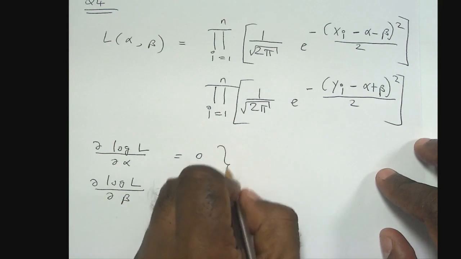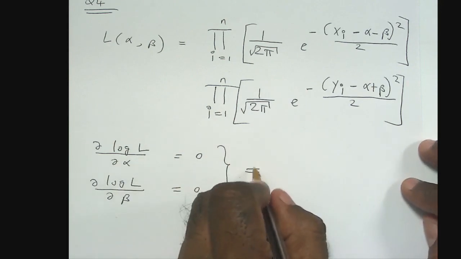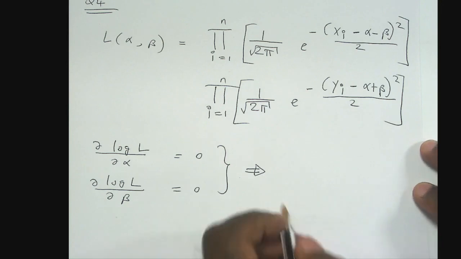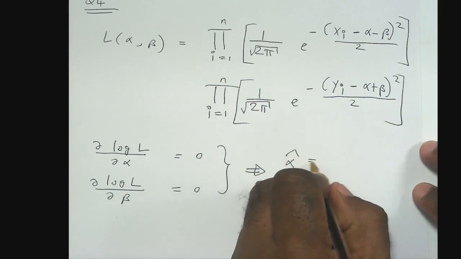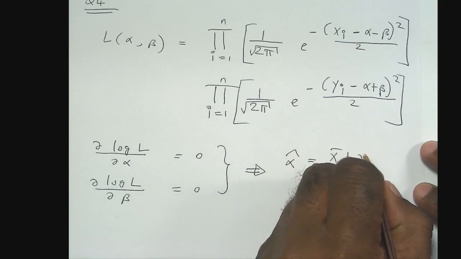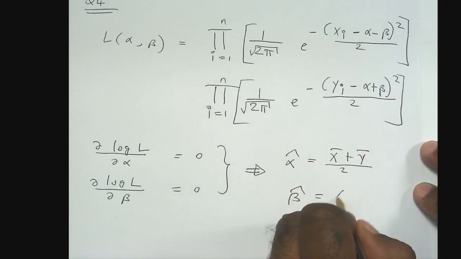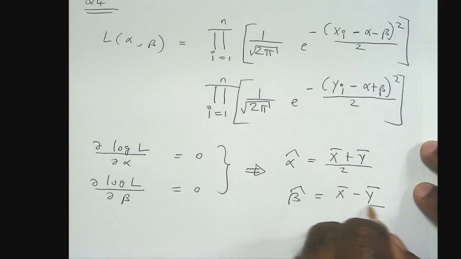If you solve these two equations, after a longer process, you will get the same answers. That is, your solution for alpha will be this, and your solution for beta will be this.